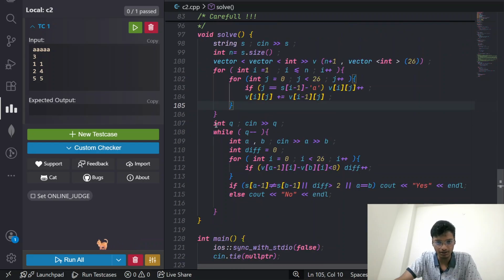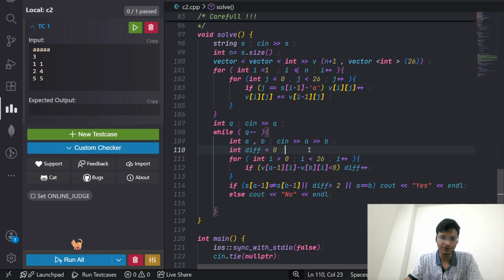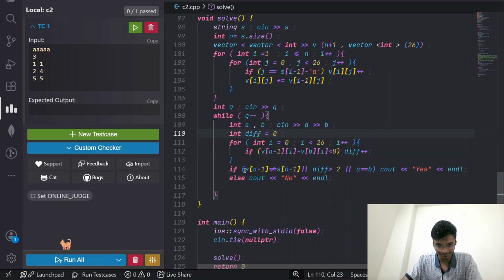Then we will take queries and check how many different characters there are so far. If a equal to b, that is if the length of the string is 1, or if the difference is greater than 2, then whatever the situation of the last index character and the first index character, irreducible anagrams are possible.